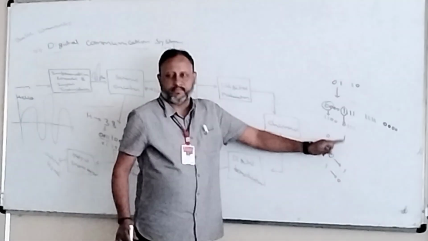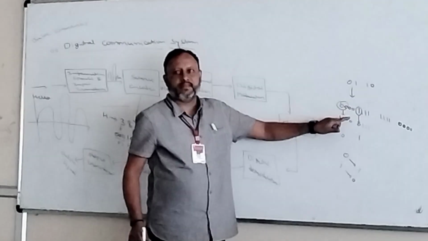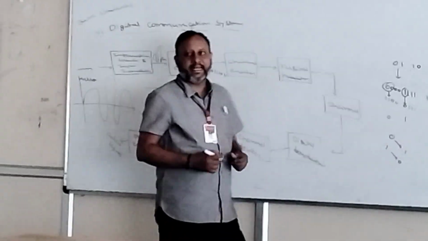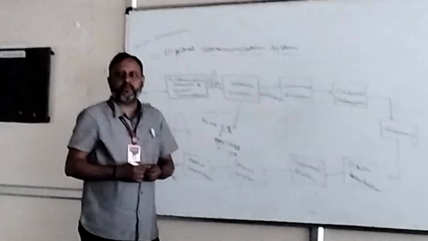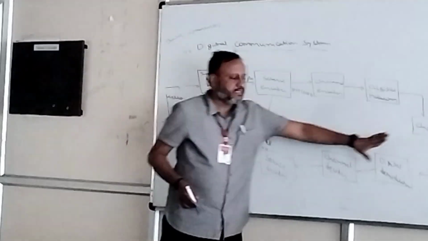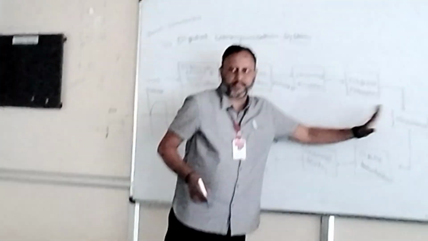Right? So what are we doing? We are adding extra bits. These are called the redundant bits, in order to avoid noise interference at the channel. This is the precaution. We are thinking that there will be an error in the channel. That's why we are adding this.